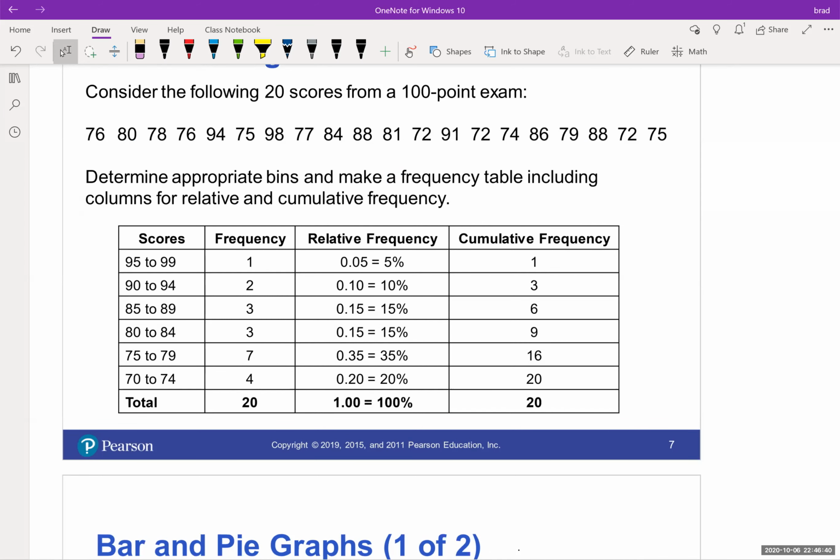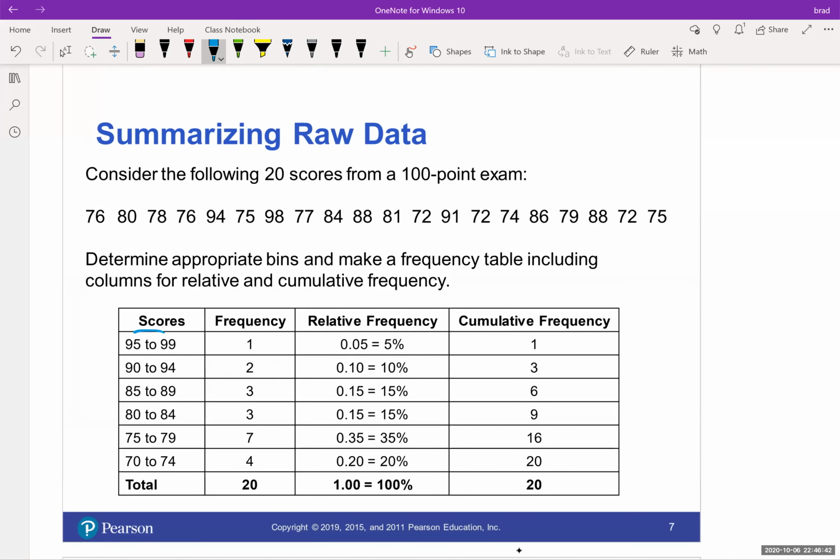Okay, so right here, this is what they mean by creating bins. They kind of did it weird. I always do it from smallest to biggest. So normally I would have the 70 to 74 here, okay? But that's okay, we can go with this. So what they did was they created these, what they call bins, I call them classes. But either way, what they did was they separated these values, okay?